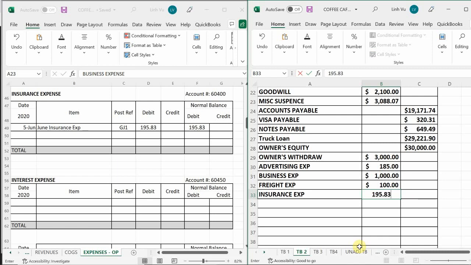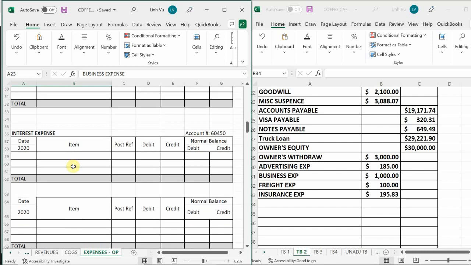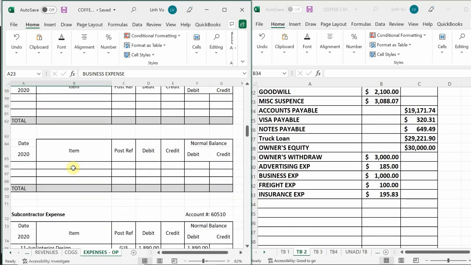Good. Okay. Haven't got interest expense yet. Then we have labor expense.